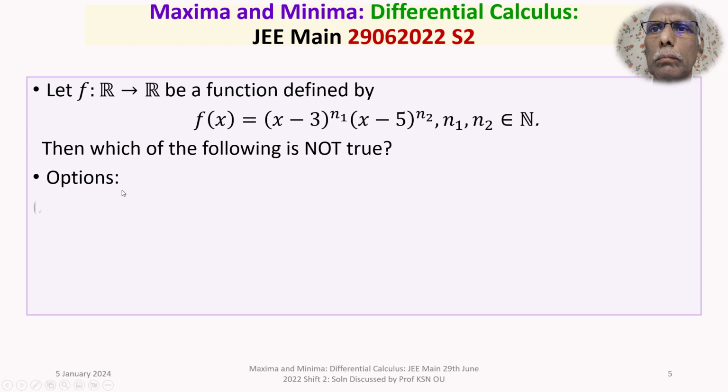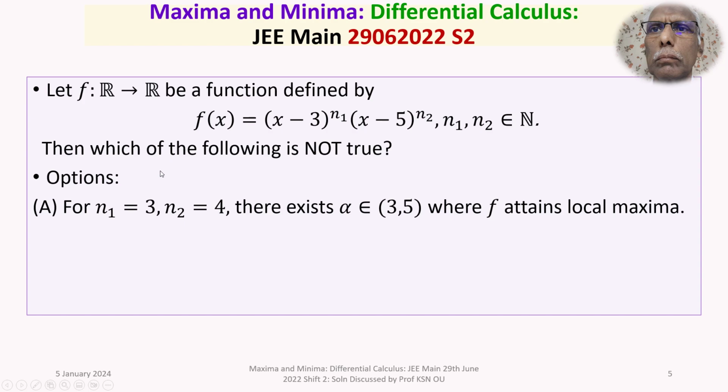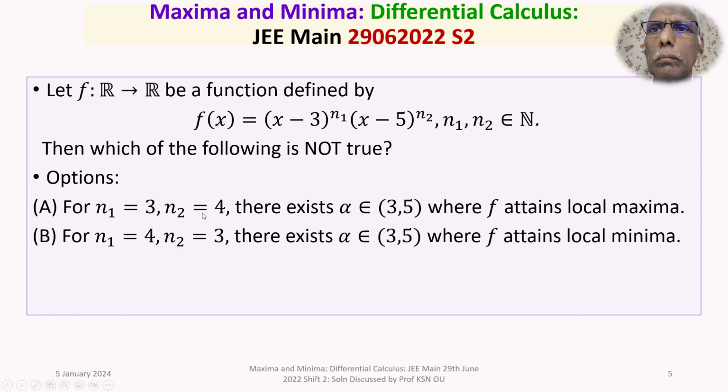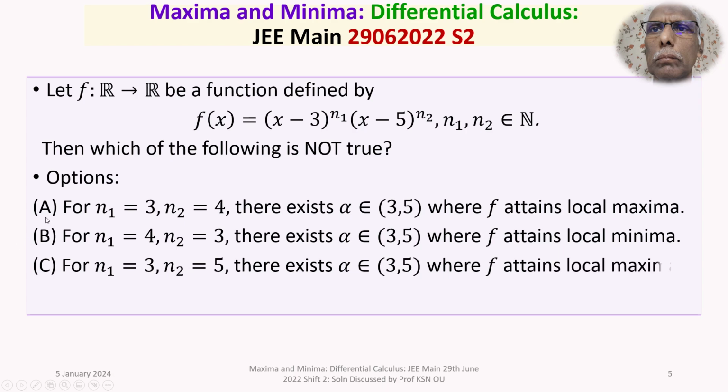We are given 4 options: option A, option B, option C, option D. In these, for various values of n1 and n2, we have to discuss the local maxima and minima of f. In the first option, option A, n1 is equal to 3, n2 is equal to 4, and we have to talk about the local maxima, minima of the function f at some point alpha belonging to the open interval 3 to 5.